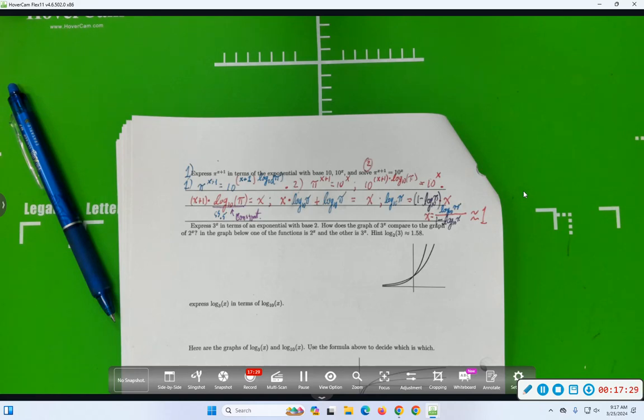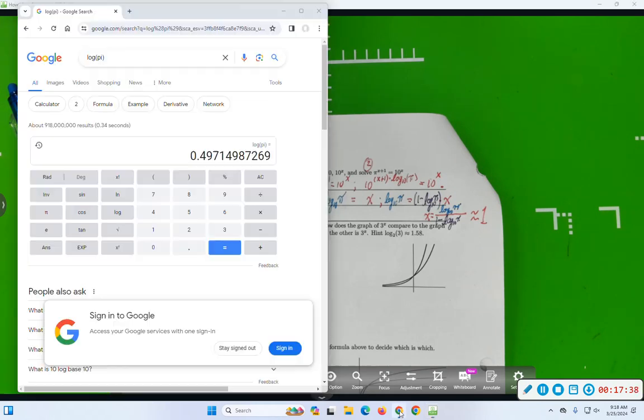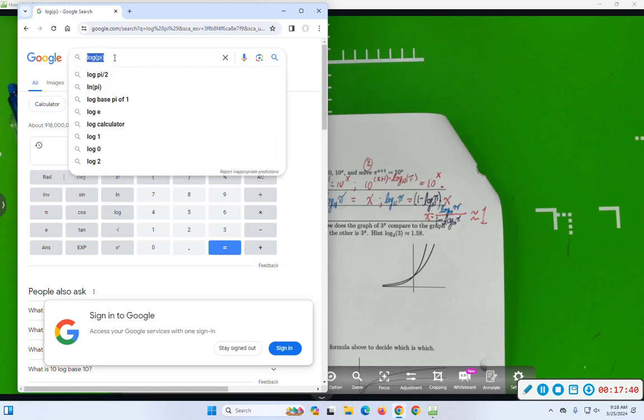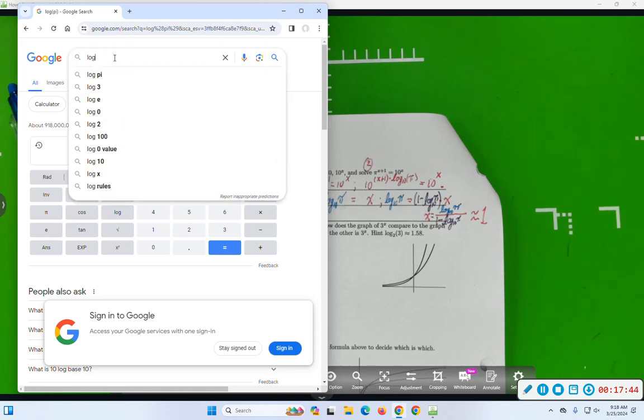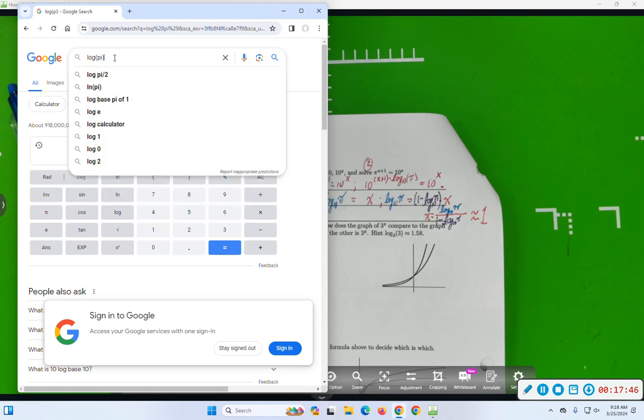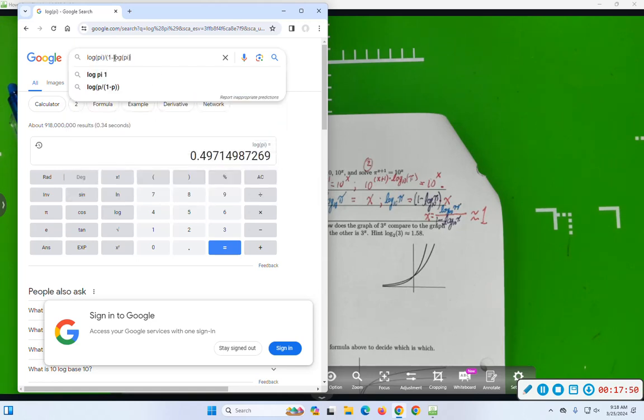Let's see if it is, and let's see if it agrees with the decimal approximation you got, because it should. So I'll pull up the calculator I like to use. If you all have a calculator you want to use, go for it. So let's do log of pi divided by 1 minus log of pi.